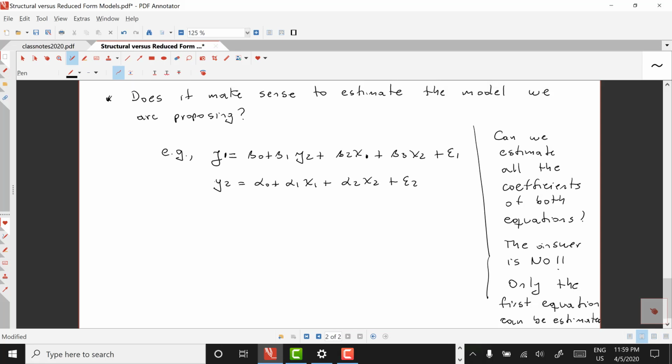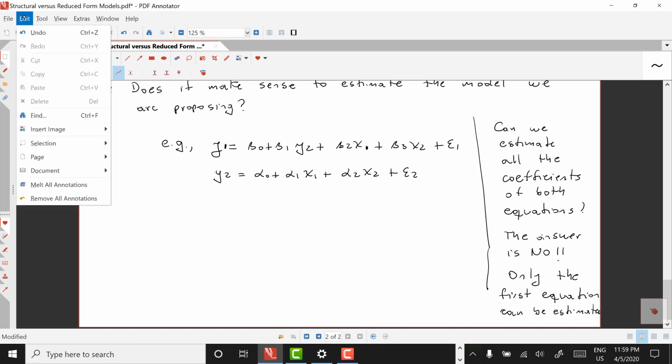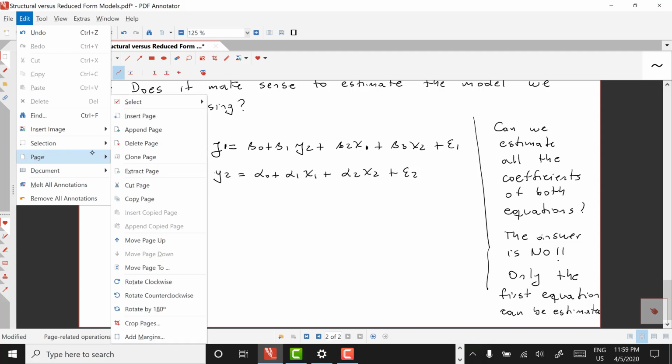Now, some of you will be saying, okay, but why did you spend all that time talking about the structural and the reduced form model?